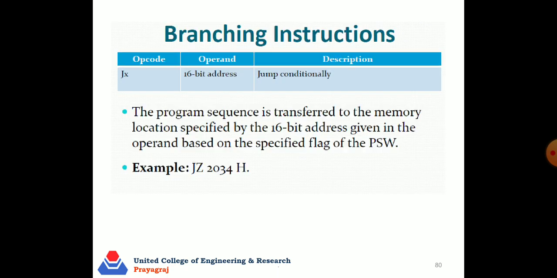That means the program sequence is transferred to the memory location specified by the 16-bit address given in the operand, based on the specified flag of the PSW. The full form of PSW is program status word, that means the status of the flags. That is known as the PSW.